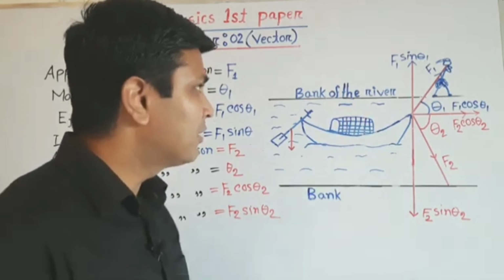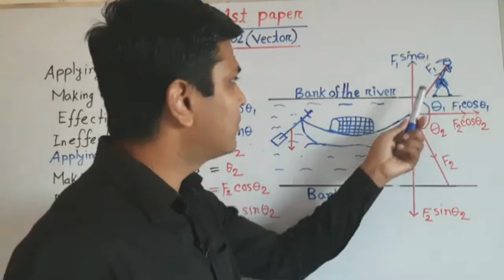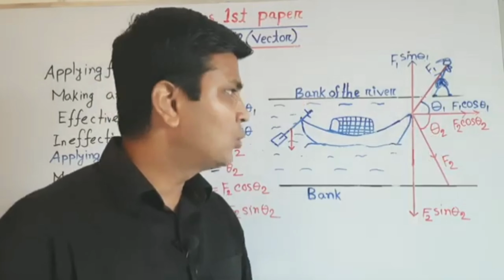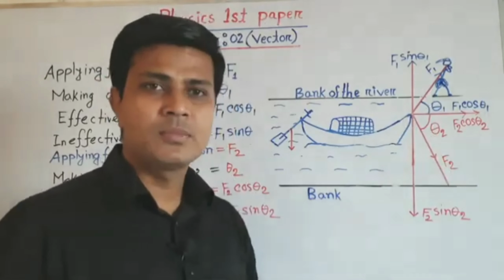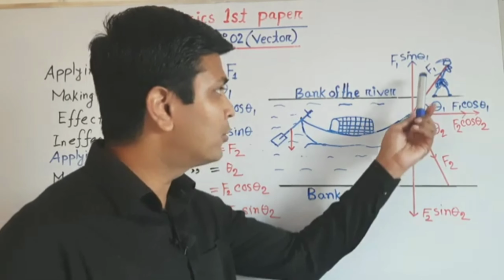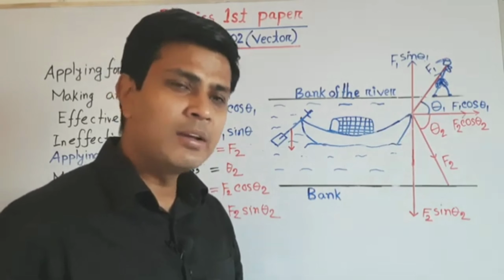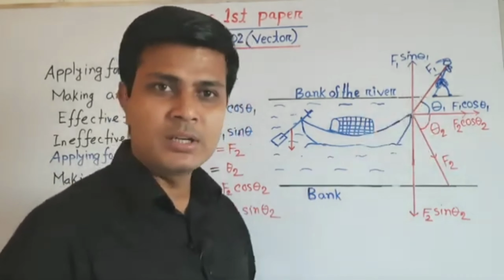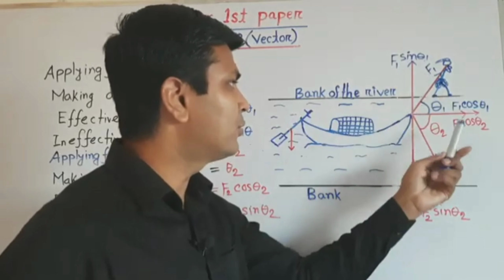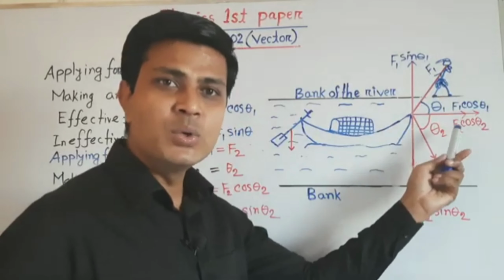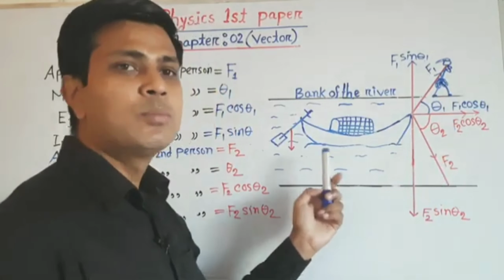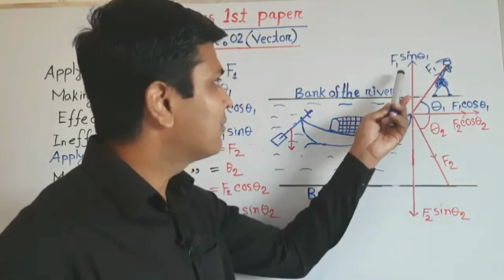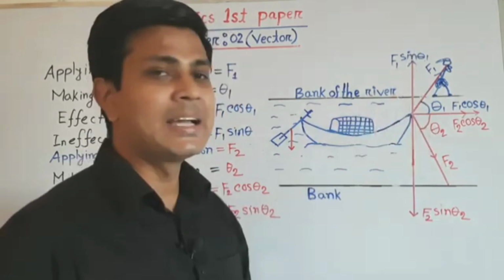Let's see here, the first person pulls the boat with force F1 by making an angle of theta 1 with the horizontal plane. Here the F1 force will divide in two ways, the horizontal component and the vertical component. The horizontal component of the F1 force is F1 cos theta 1, which is responsible for pulling the boat in the forward direction, and the vertical component is F1 sin theta 1.